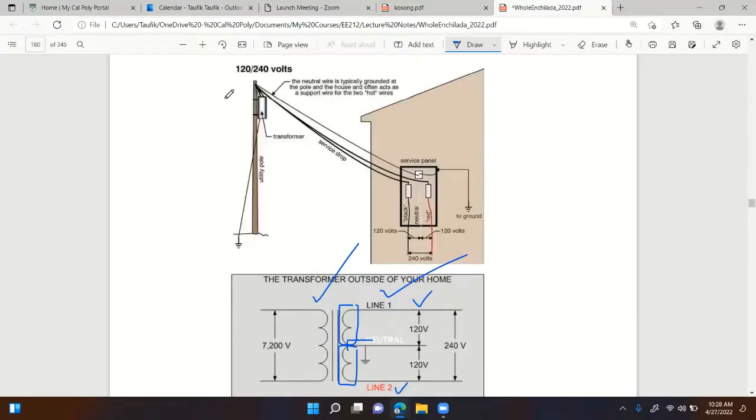And if you couldn't find any power pole in your neighborhood, that means these transformers are usually underground. So maybe you can find a green box sitting right by a street in your neighborhood. Inside that green box would be the transformer for your house and for your neighbor's house. Usually one transformer is connected to multiple houses, maybe 50 houses.